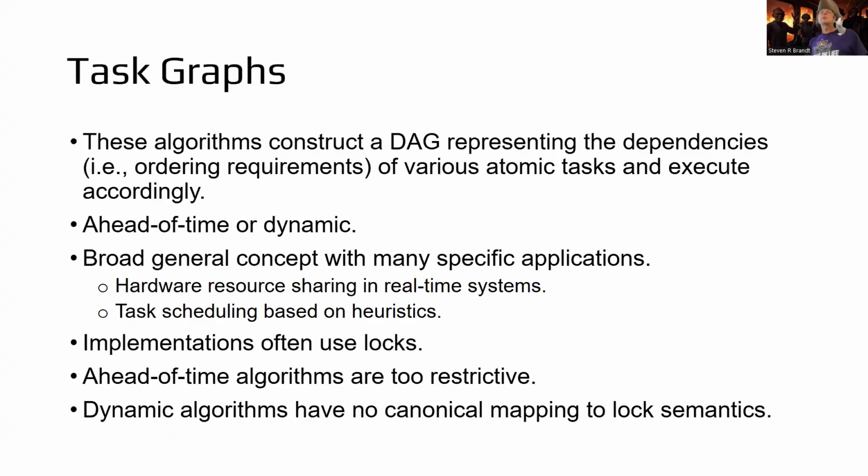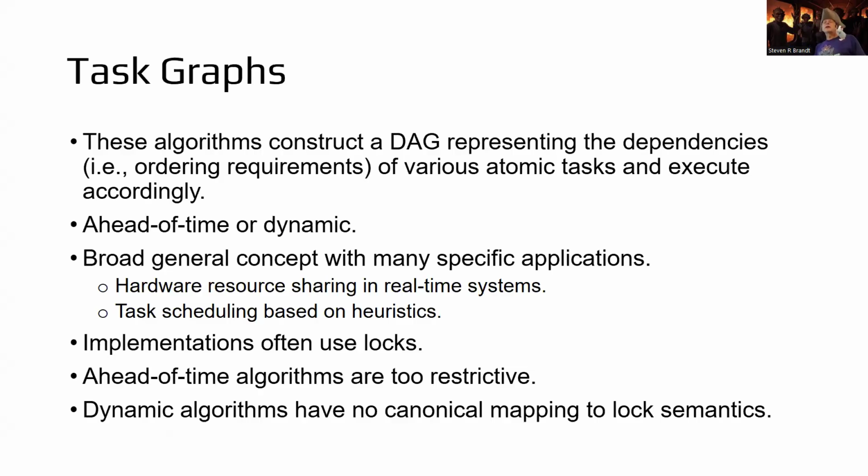Okay, so now it comes to task graphs, and that's the idea that we construct a directed acyclic graph of tasks, like we've discussed in the previous chapter. I don't know that we used the term DAG. I can't remember whether we did. We did? Okay.